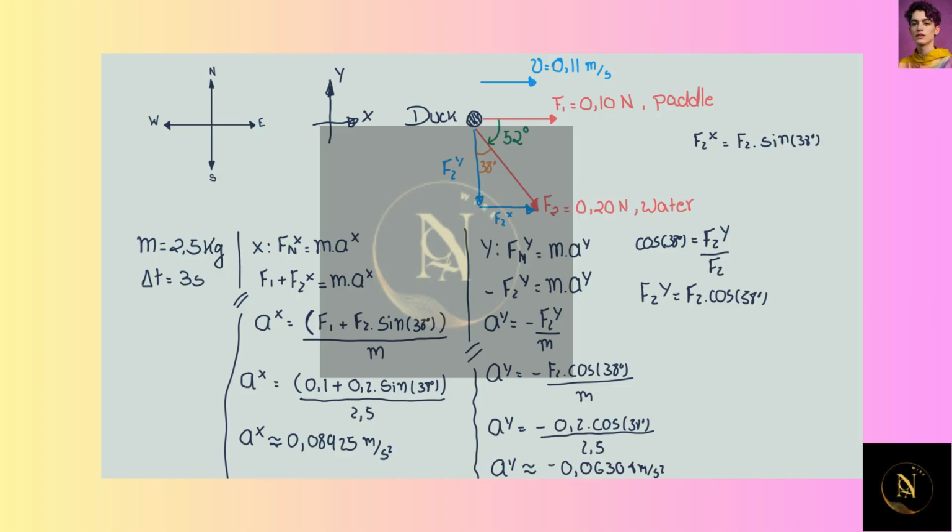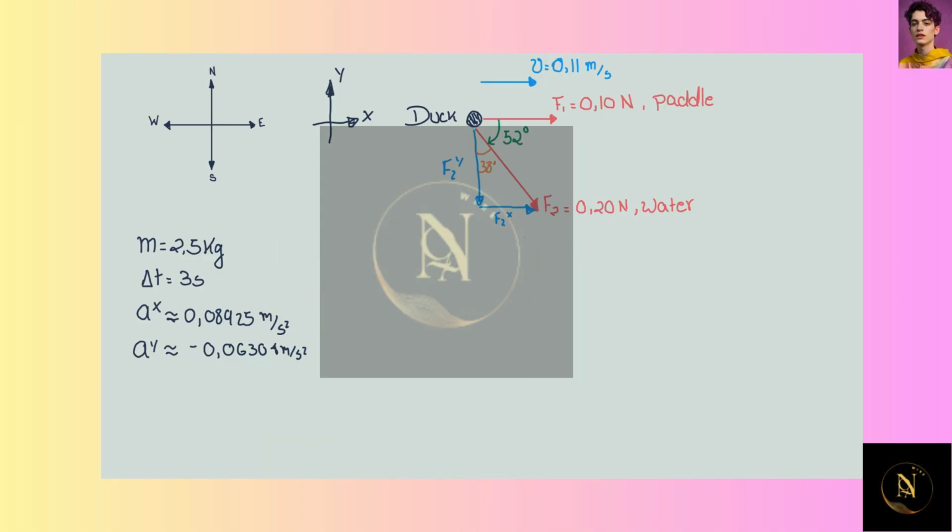And now that we have both accelerations, we can calculate the displacement of the duck. For that, let me organize my board. Okay, so the x displacement of the duck is given by the following equation. The displacement is equal to the initial velocity times the interval of time plus the acceleration in the x direction times the interval of time squared divided by 2.